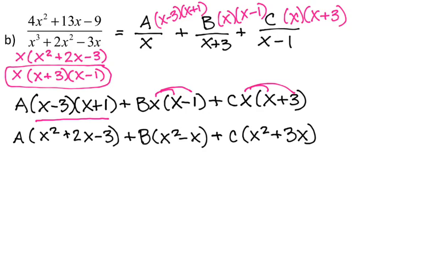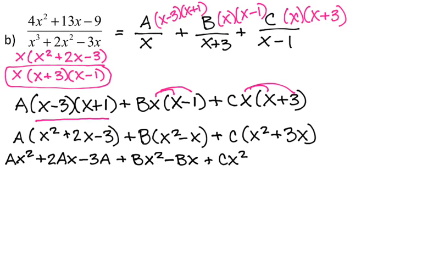And now I'm going to distribute my A's, B's, and C's. So I have Ax squared plus 2Ax minus 3A plus Bx squared minus Bx plus Cx squared plus 3Cx. And of course, that is supposed to equal my original numerator right here.